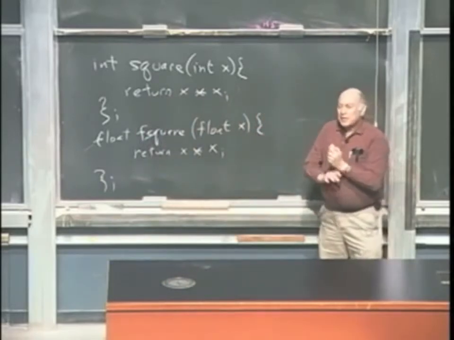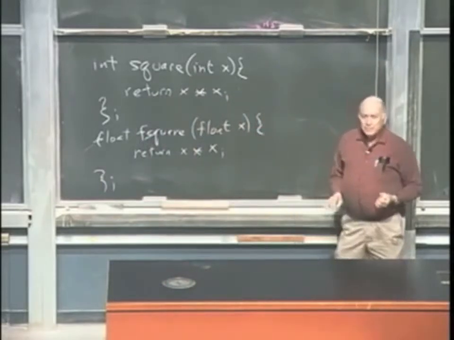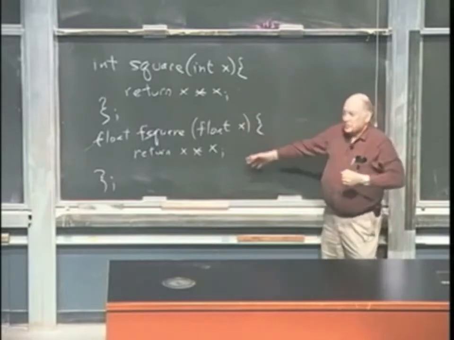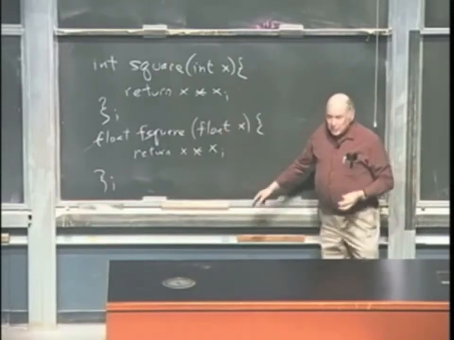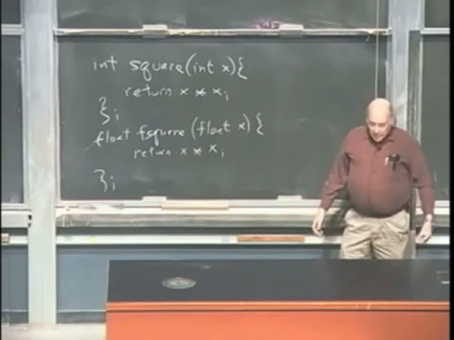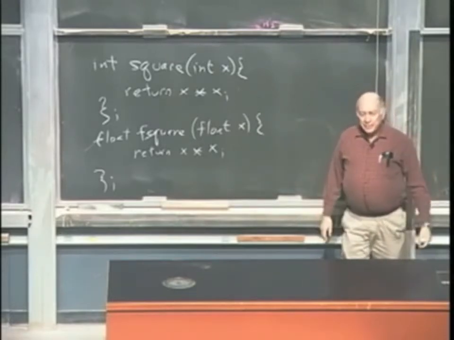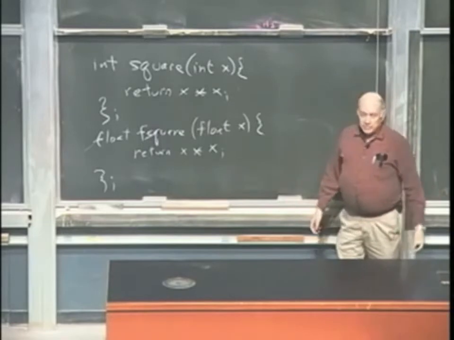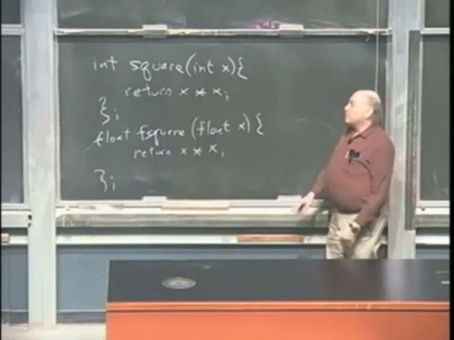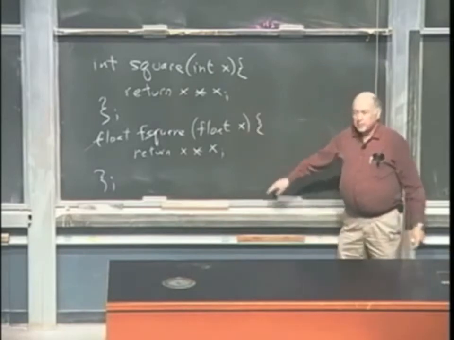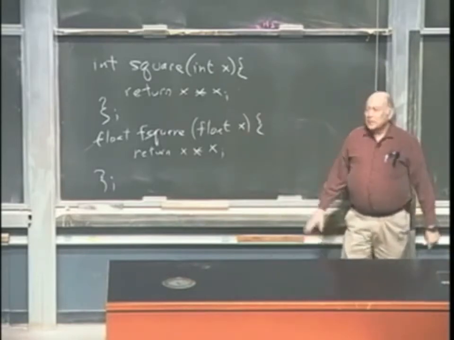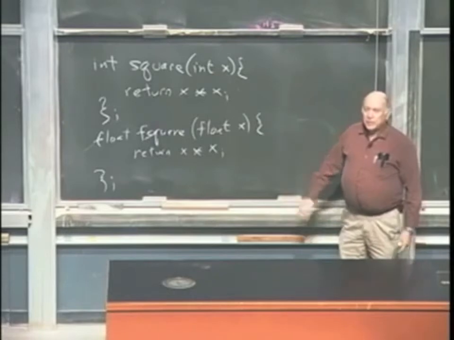Since variables have to have their types set ahead of time, if I want to write a procedure to square a number, I have to write one for integers and a different one for floats, and I have to call the right one for whatever kind of number I'm actually looking at right now, and it's a big pain in the neck. Okay? If you know that in this program you're only dealing with integers, then it's okay, or only dealing with floats. But if you're going to try to mix types, you end up doing stuff like this.